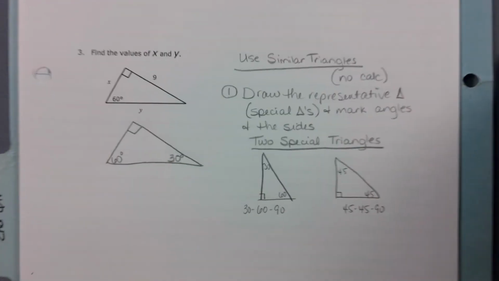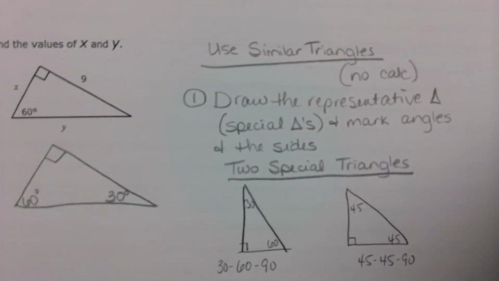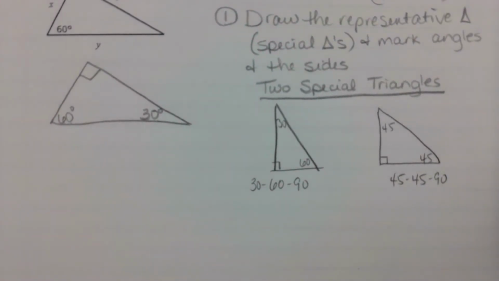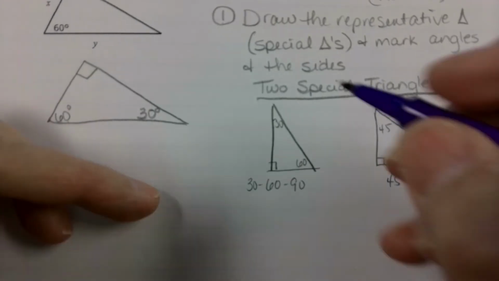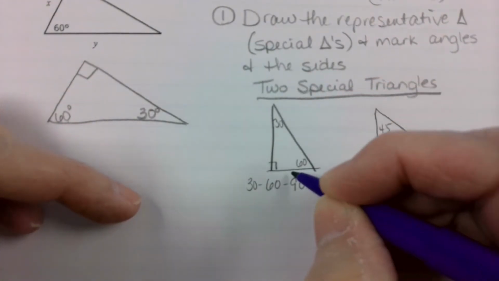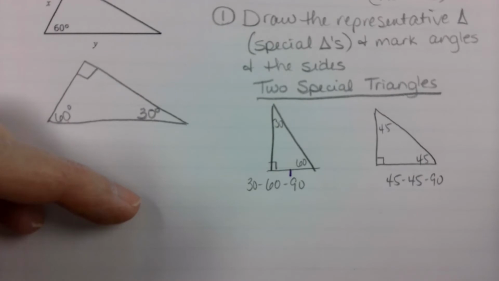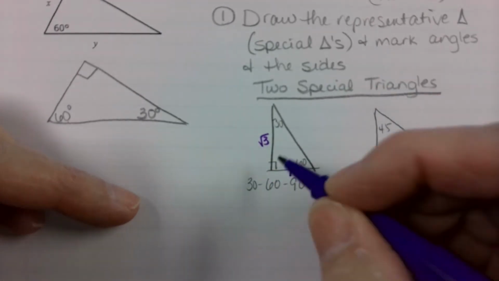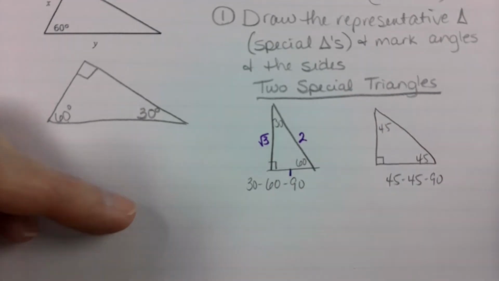Any triangle that has these angle measurements will be similar to other triangles with these same angle measurements. They're called the special triangles because we use them for everything. In the 30, 60, 90 triangle, across from 30 you put a 1. Across from 60 you put the square root of 3. And the hypotenuse you put a 2.